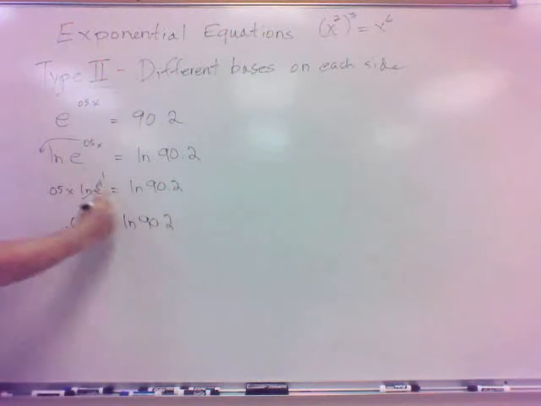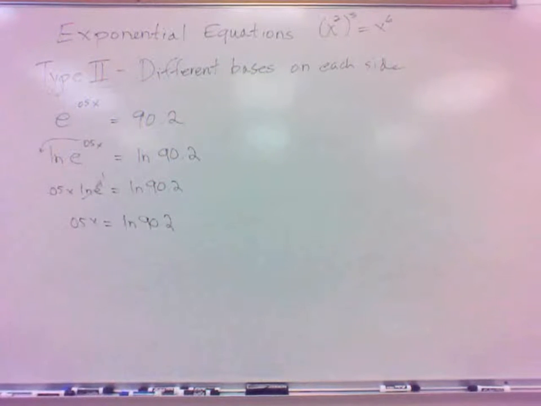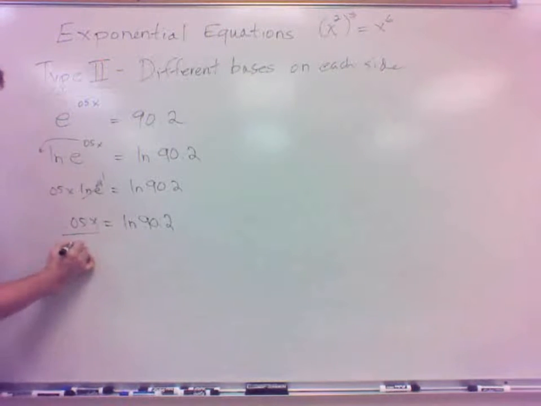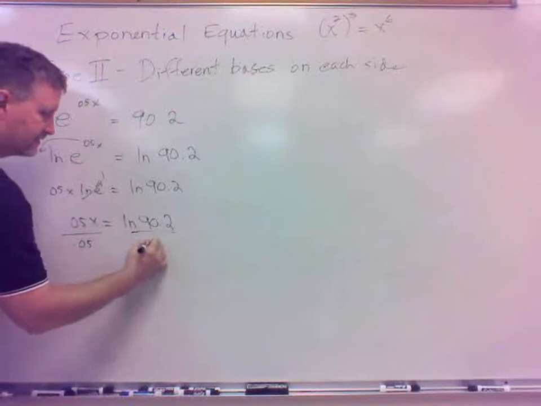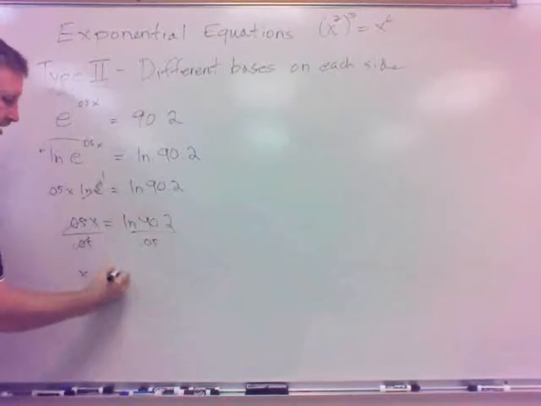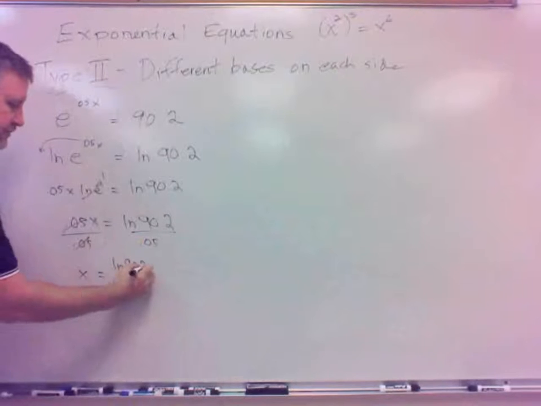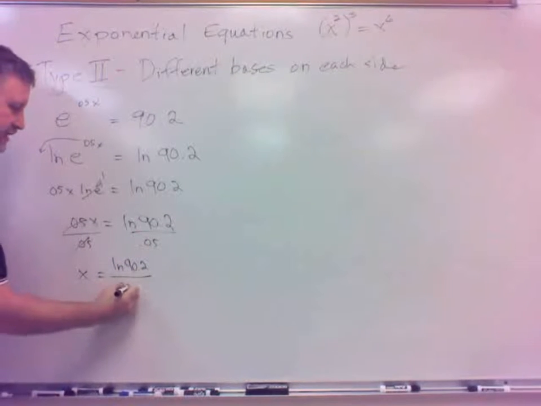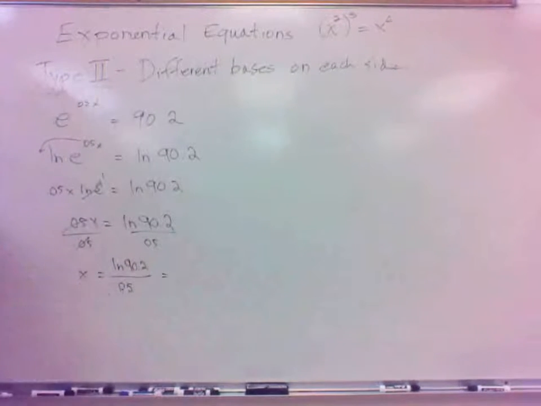That gets rid of the ln on this side, it's just times 1. So all I have to do to solve this one is divide by 0.05. That'll cancel the 0.05s out. So x is the ln of 90.2 divided by 0.05. If you put that to 3 decimal places, what do you get?